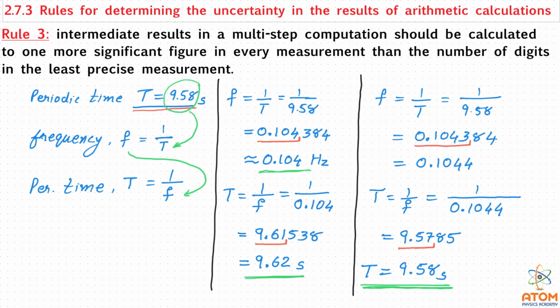In these intermediate steps we should not count only the least significant figures, but we should add one more significant figure, and according to that we should go to the final answer. But in that final answer we have to again follow the rule that we should consider the least significant figures, and according to that we have done this calculation and we are getting the answer.